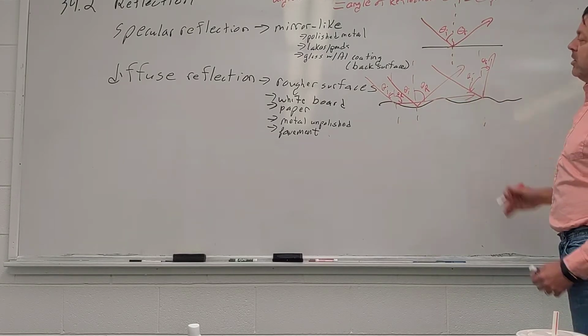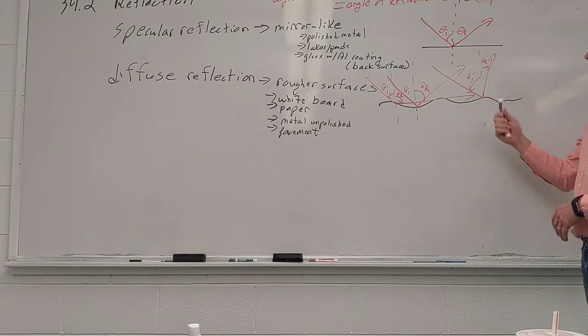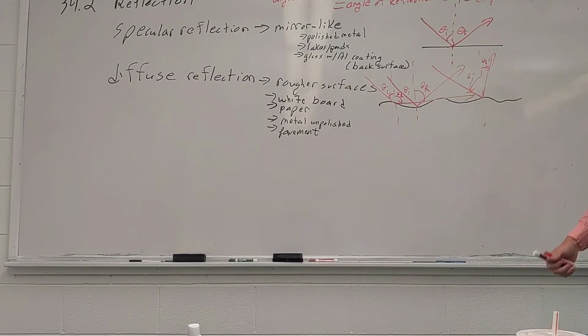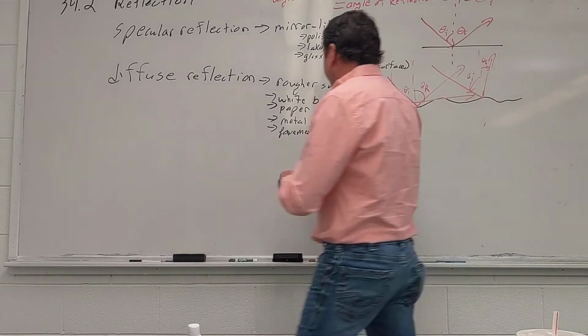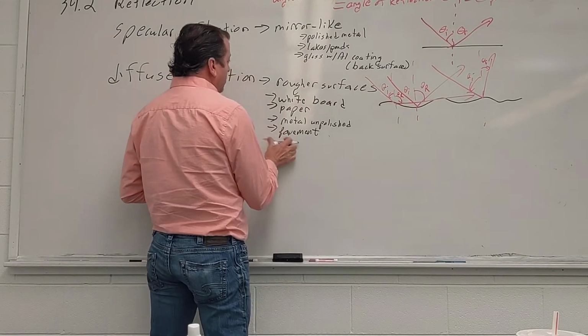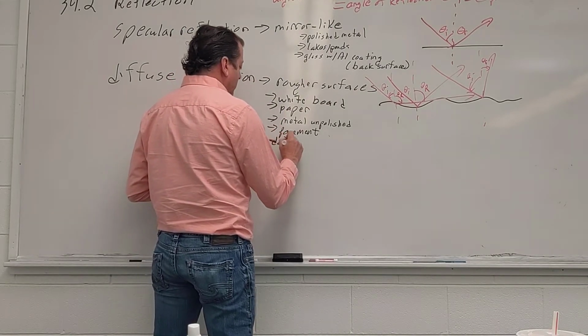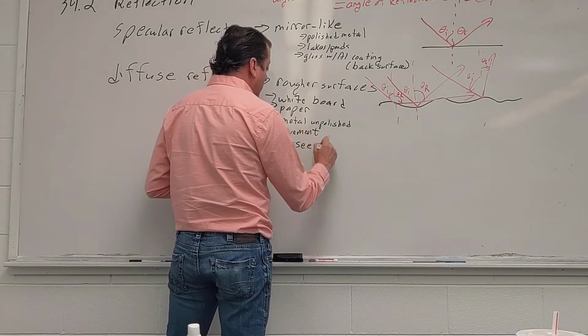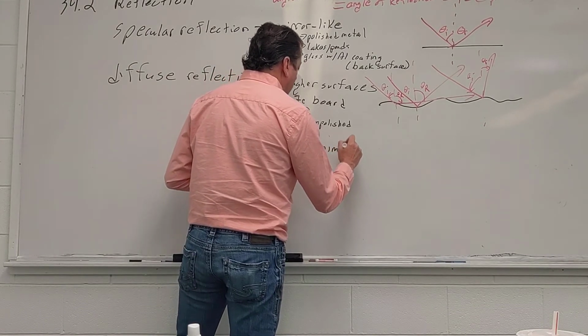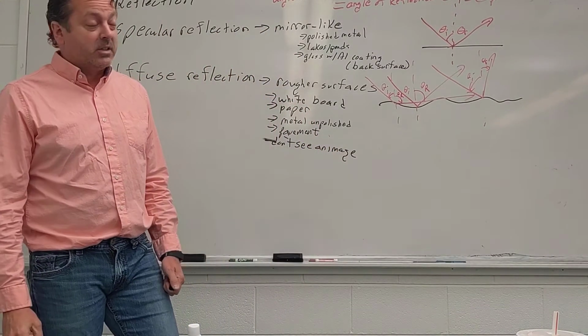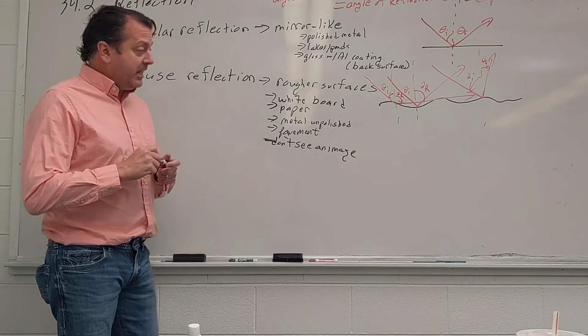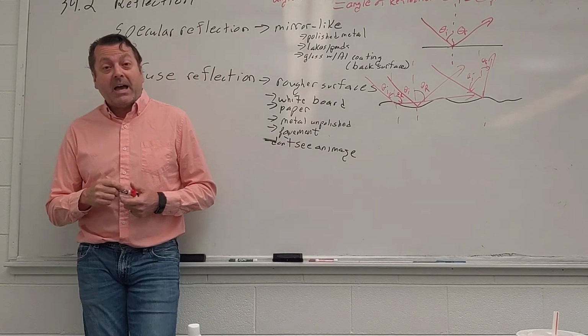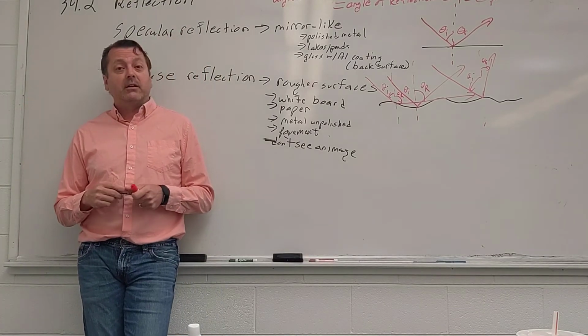Because these angles are all different, you don't get specular reflection. It's diffuse. It spreads out. So with diffuse reflectors, I'll say you don't see an image. And diffuse reflectors, to predict what it gives you, I mean, the math is horrendous. I mean, PhD level stuff.